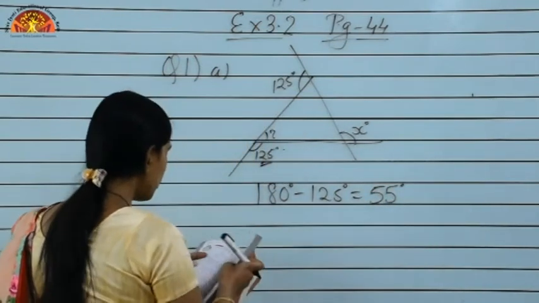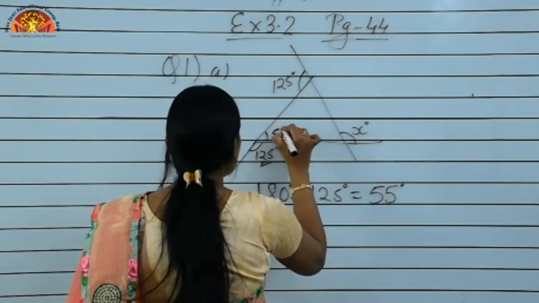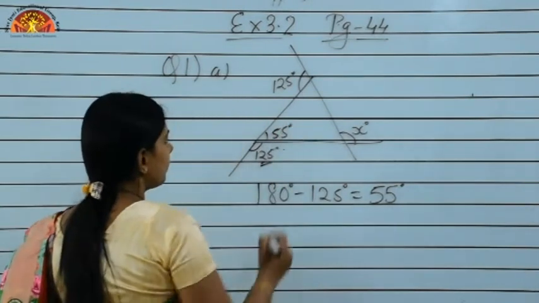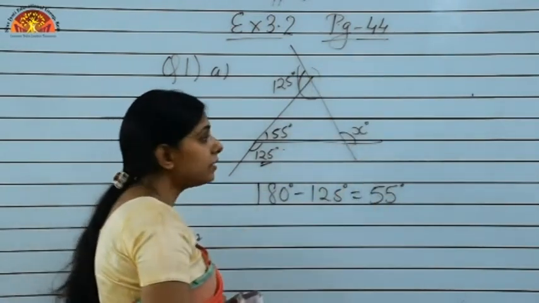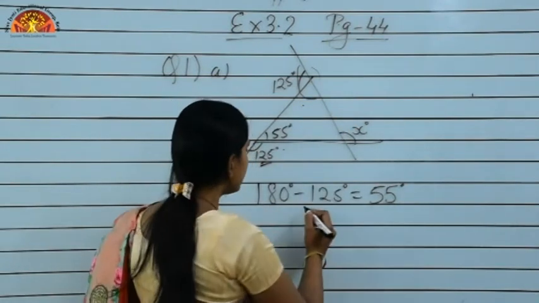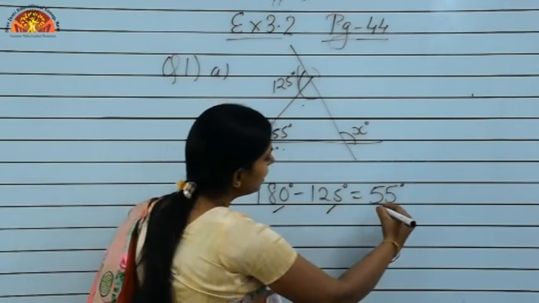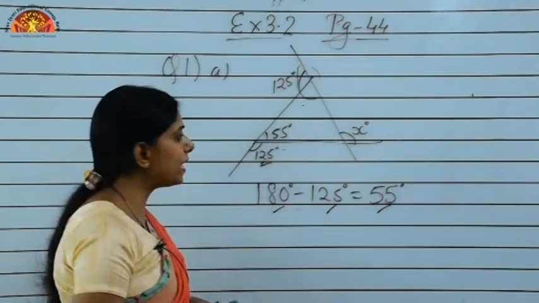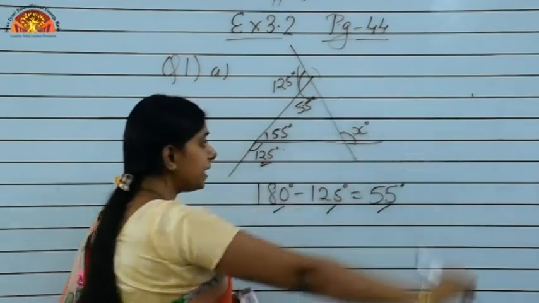So this angle will be 55 degree. Similarly, again it is forming a linear pair, that is 125 plus this angle is equal to 180 degree. So again 180 degree minus 125 degree is equal to 55 degree. So the measure of this angle is 55 degree.